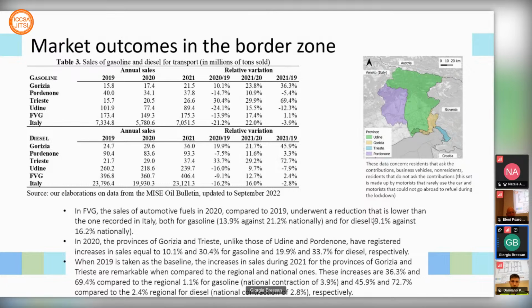But if we look at the sub-regional level, we can see that in 2020, the provinces of Gorizia and Trieste, which are those closest to the Slovenian border, so those are the areas that suffer most from the international competition, unlike those of Udine and Pordenone, have registered increases in sales equal to 10% and 30% for gasoline and almost 20% and 33% for diesel, respectively.